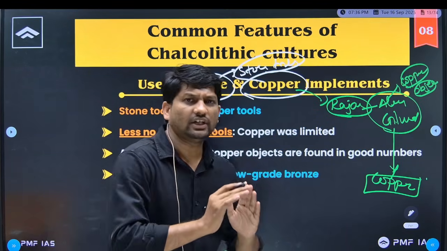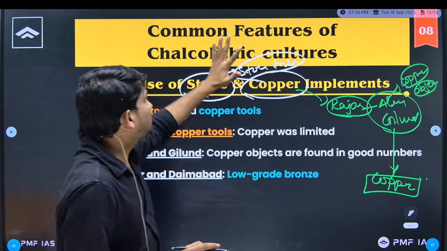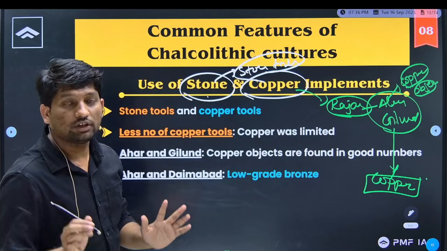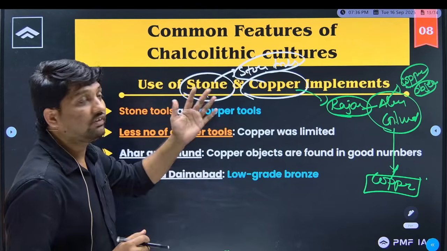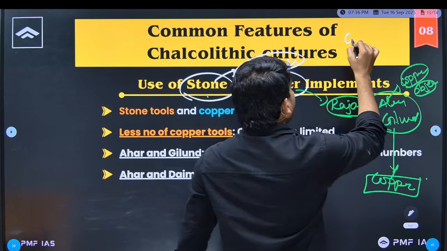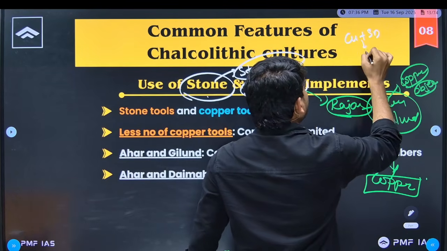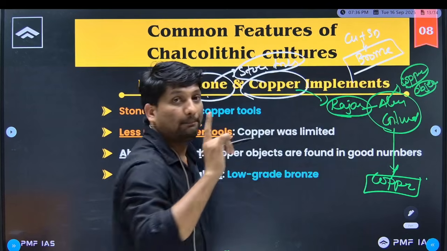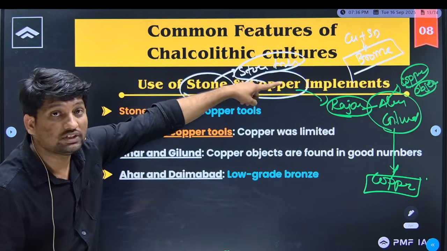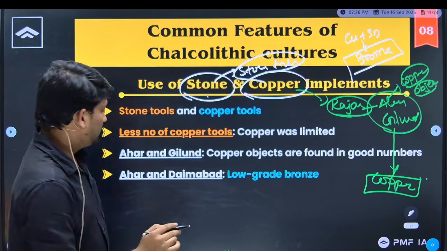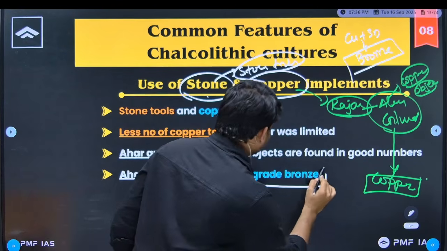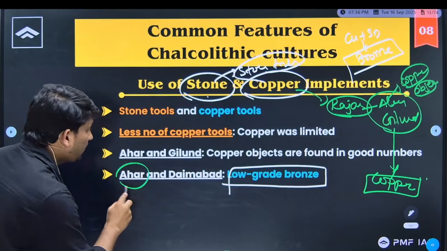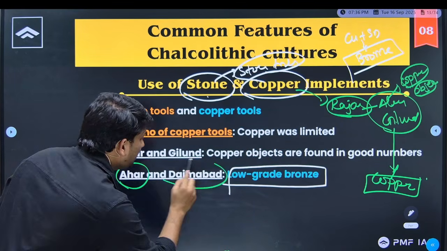And in general, during this Chalcolithic culture, they were not aware of mixing copper plus tin. Means they did not know how to make bronze. But we have found bronze sheets in Ahar and Daimabad. Remember these sites, Ahar from Rajasthan and Daimabad from Maharashtra.